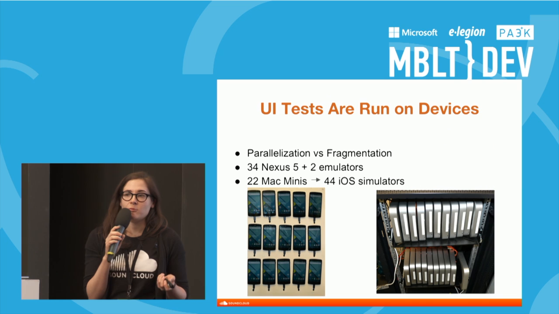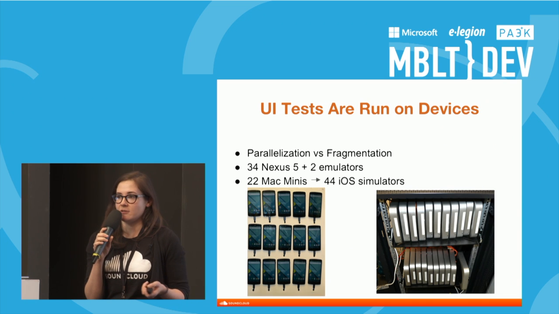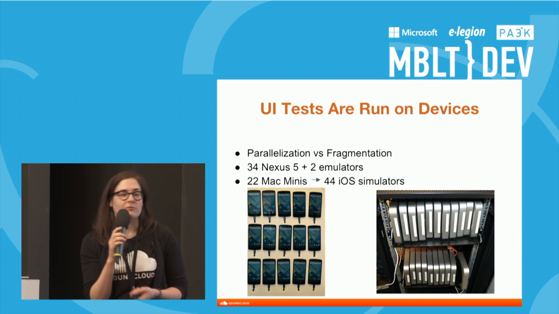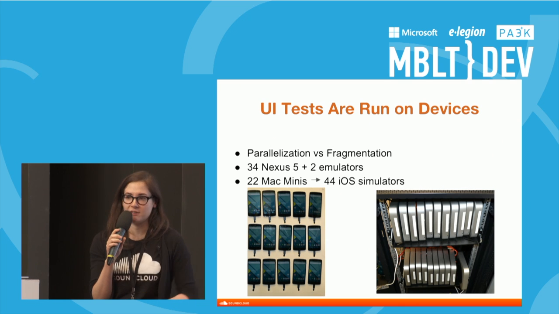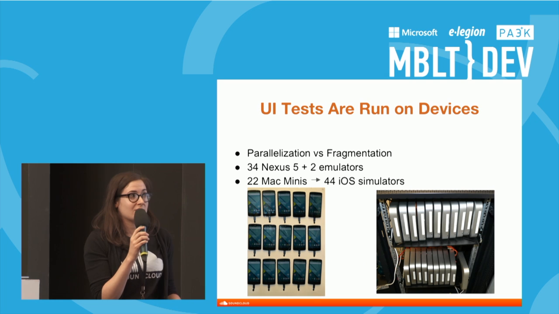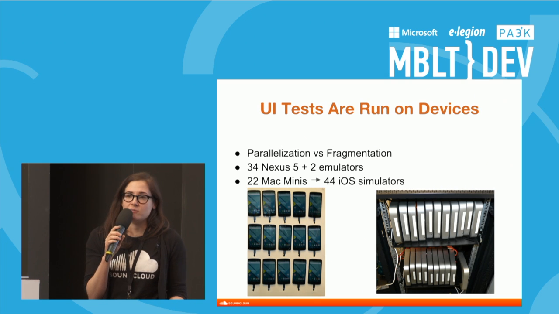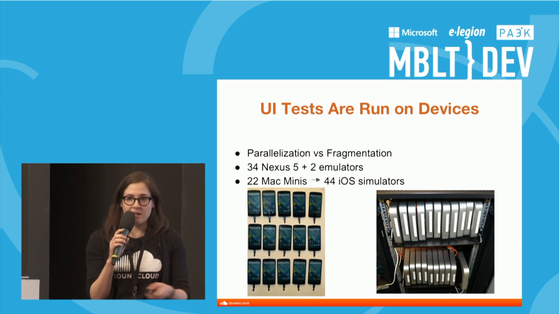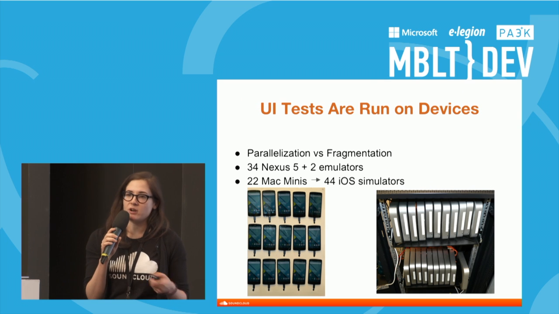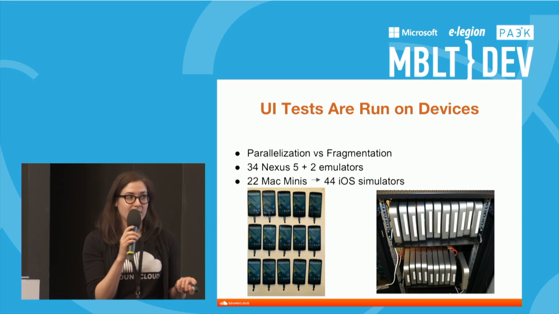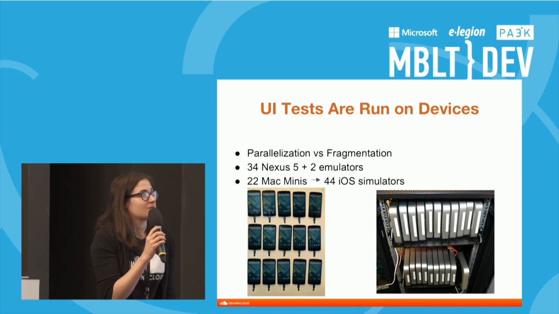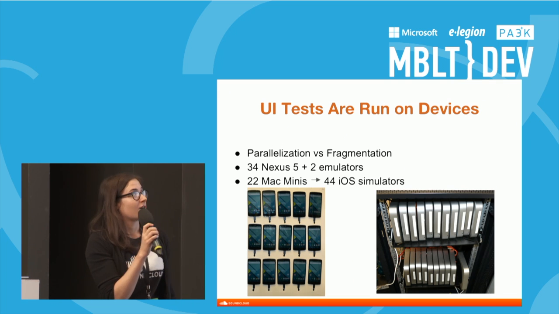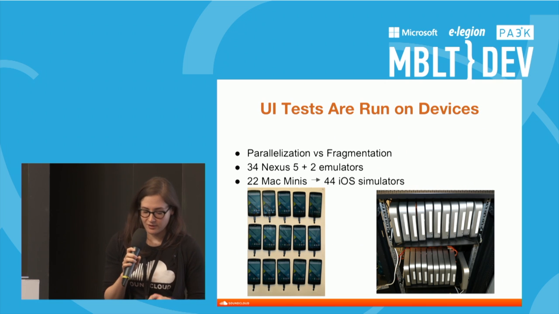You might think we want to test on the whole matrix of different devices that we possibly can to make sure that everything works. Or you can do parallelization, which means you have an array of very similar devices and you break up your tests and run them in parallel across many devices. So we go for the parallelization approach.